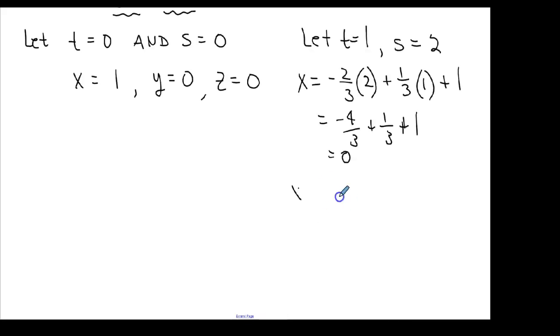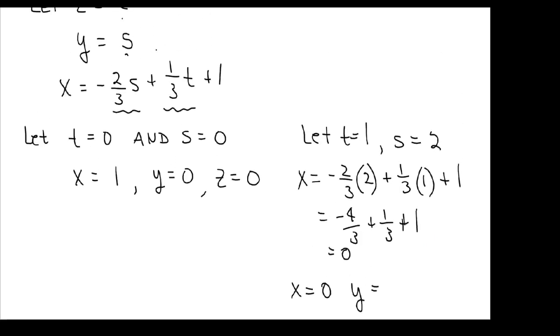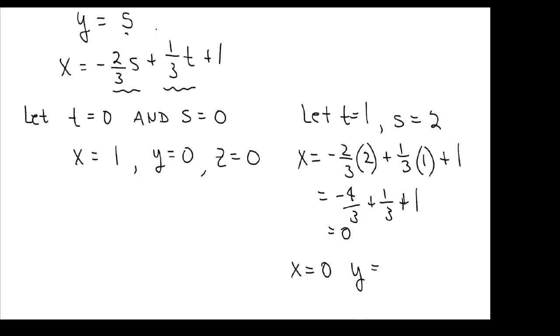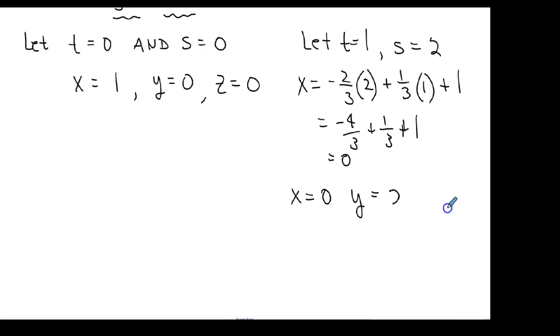So we would have x is 0, and since y is s, y would be 2, and z being t, z would be 1.